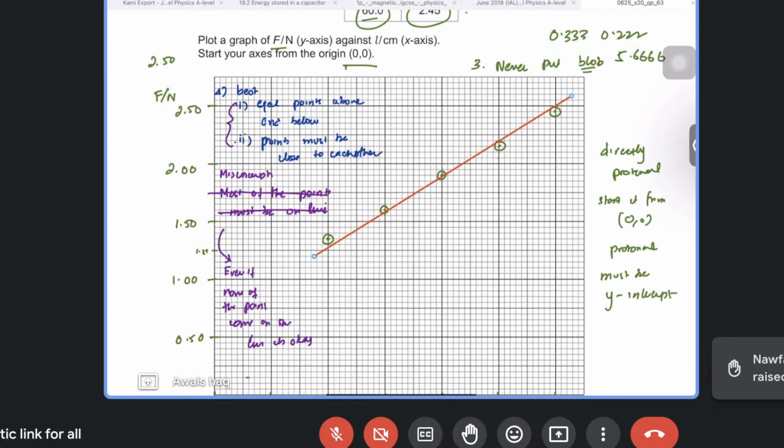Right now they're not, so I'm just going to move it a bit again. Okay, so now my line has 1 point on it, the rest of 2 points are on top of the line, 2 points are below. So this is a perfect example of a best fit line. Is it clear, everyone? Please let me know if you have a question here. No question. Good. If all points are on the line, that's good, but that's not necessary.